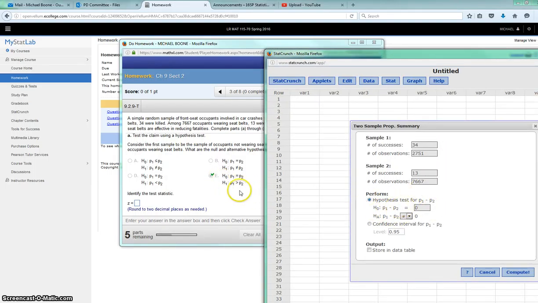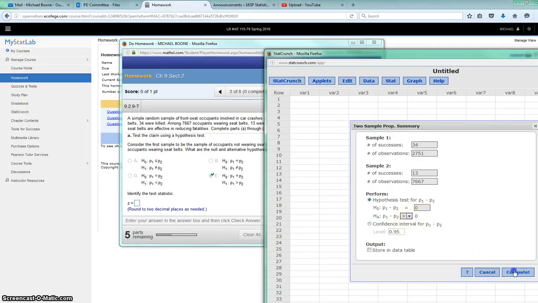Instead of saying that they're equal to each other, they're saying that the difference would equal 0. That makes sense. And we said that P1 is greater than P2. So if I were to subtract P2 from P1, I would get a number that's greater than 0. A bigger number minus a smaller number would give me a positive value, some number greater than 0.